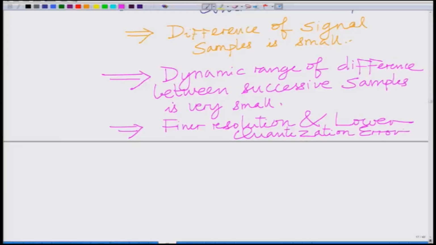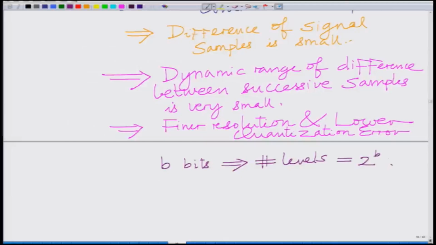See, if we have a quantizer with a resolution of b bits, the number of levels is 2 to the power of b.